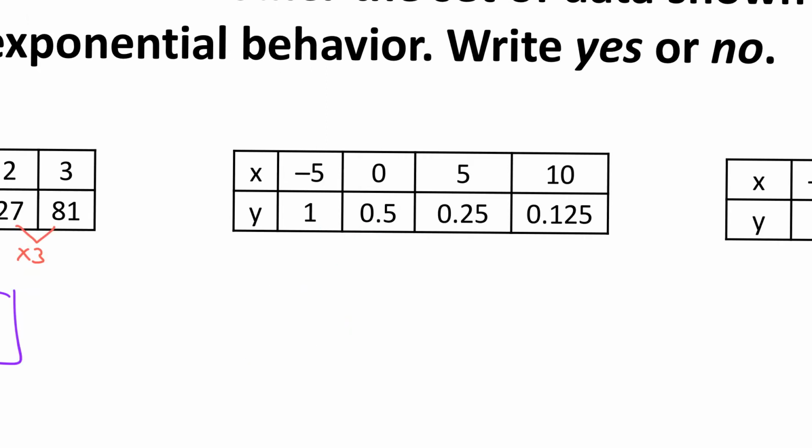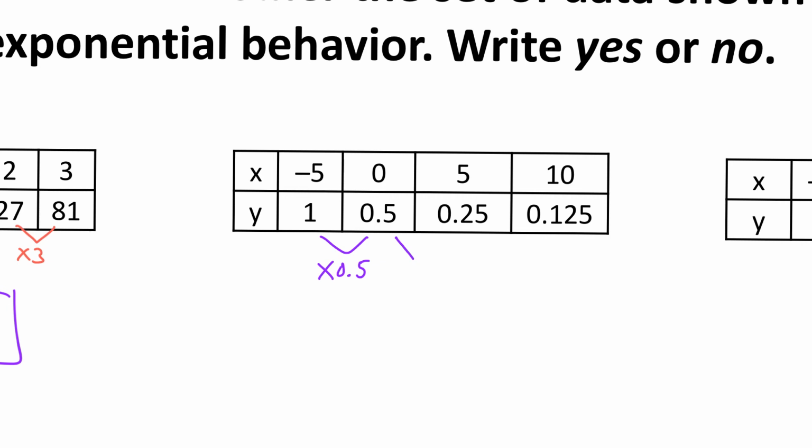So looking at the next one, since now you know what to look for, you just look at the y values and you check if you have to multiply by a number. So only the y values. The x values are going to be increasing constantly, which means the same, but on the y values you have to multiply. So 1 times, now this is decimals, so I'm going to use decimals, 1 times 0.5 is going to be 0.5.